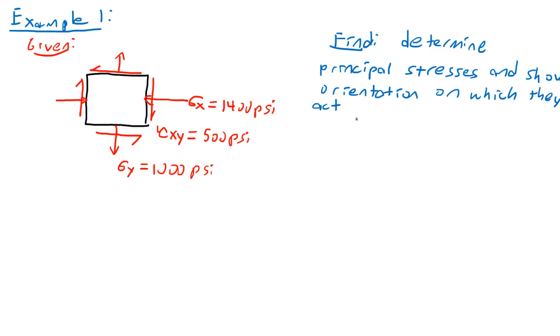In other words, we're looking for sigma 1, sigma 2, and theta p. Okay?